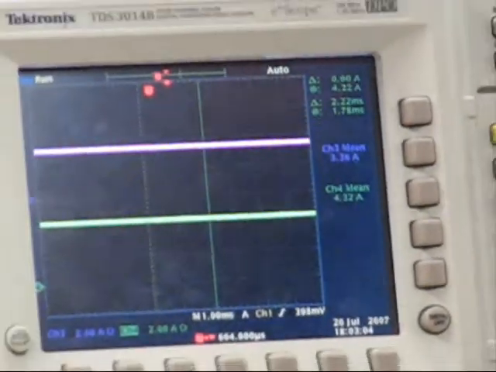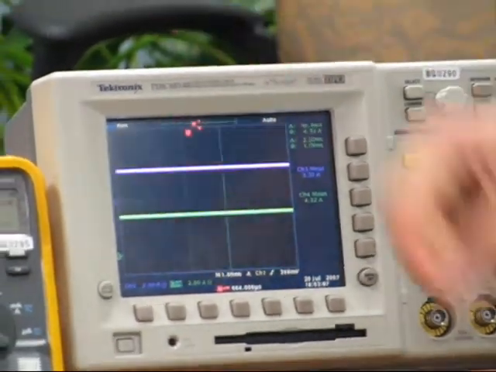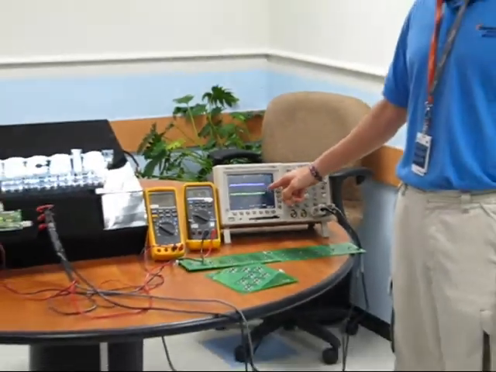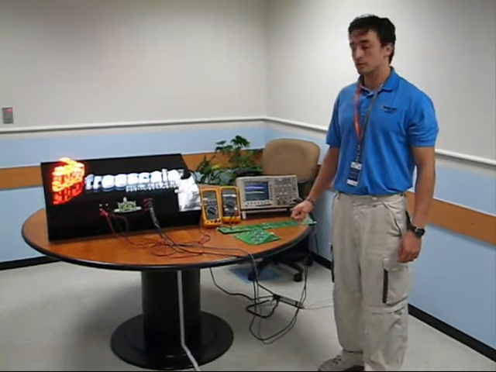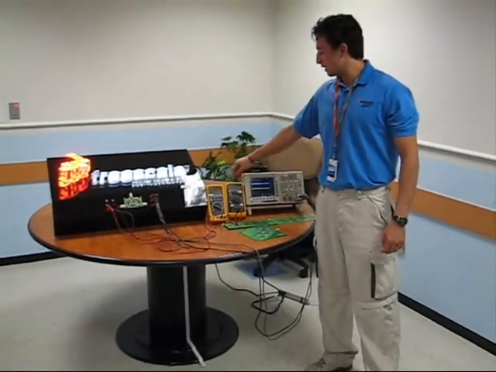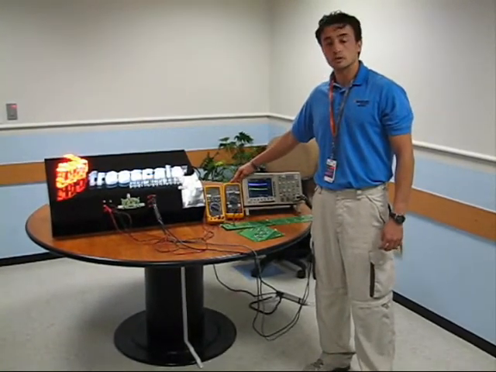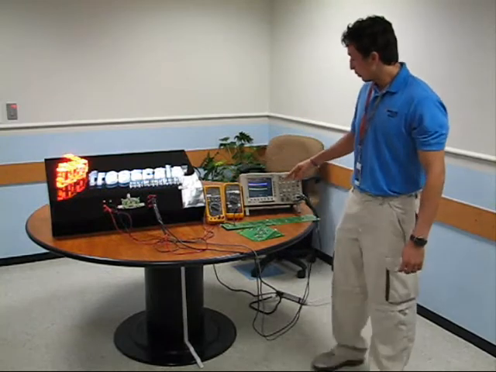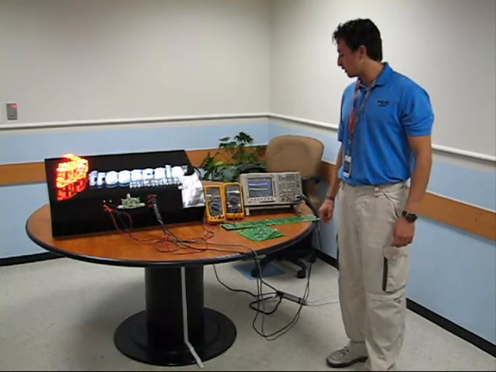So for the first channel we have an output voltage of 3.7 volts and an output current of 3.36 amps. In the same way, for the second channel we have an output voltage of 3.2 volts with an output current of 4.32 amps.